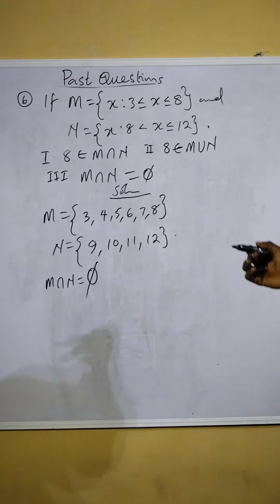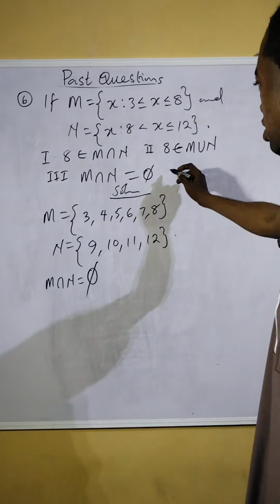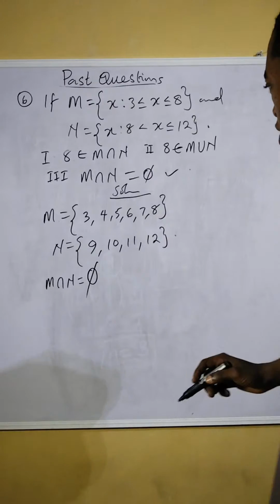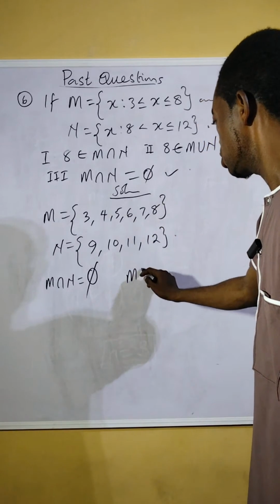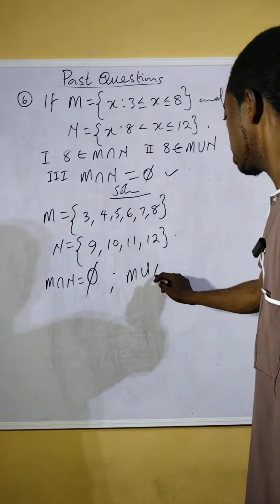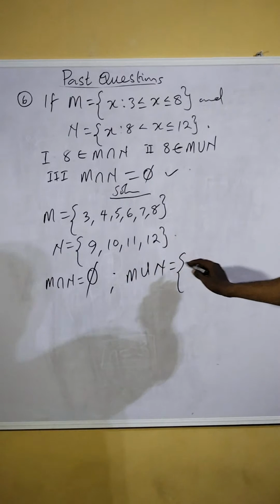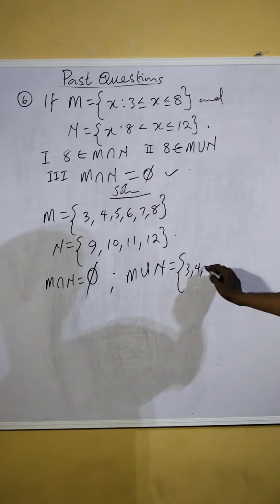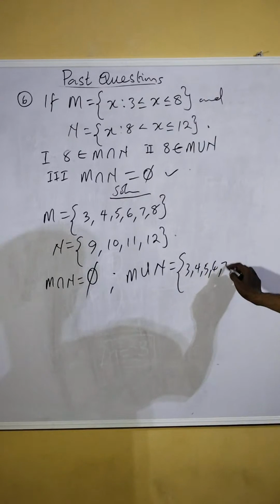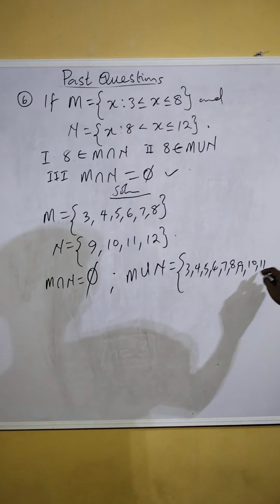Now, considering this other statement here, which is number 2, it means number 3 is part. Okay? So considering this one, which is M union N, M union N is a combination of the elements of both sets. So we have 3, 4, 5, 6, 7, 8, 9, 10, 11, and 12.